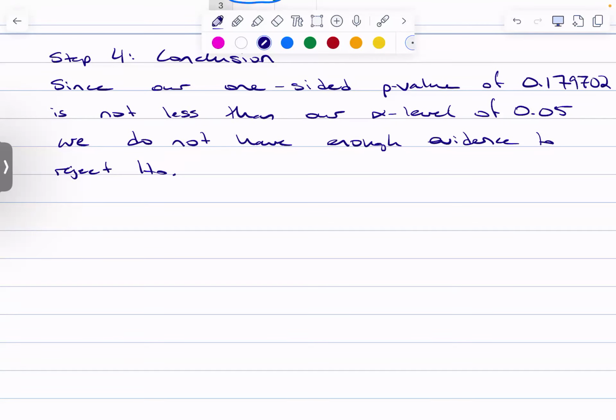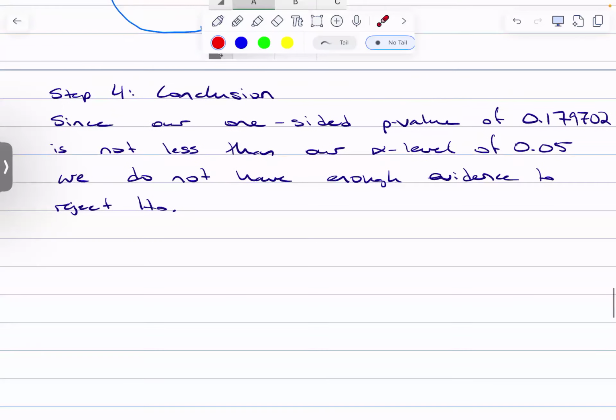What error could we be making? If I don't have enough evidence to reject H naught, the error I could be making is maybe I should be rejecting H naught. I don't know that. That's called a type 2 error, when I fail to reject H naught when I should have rejected it.